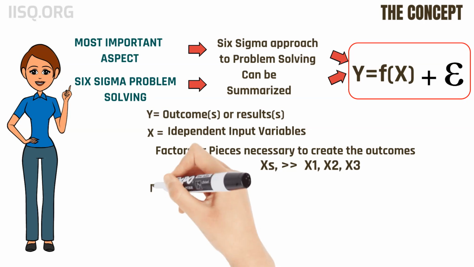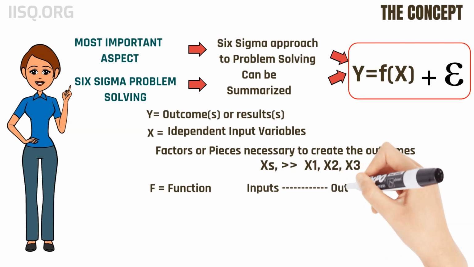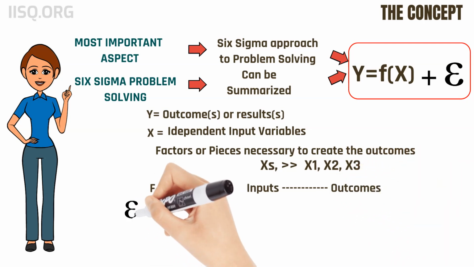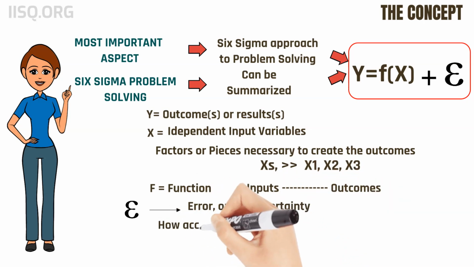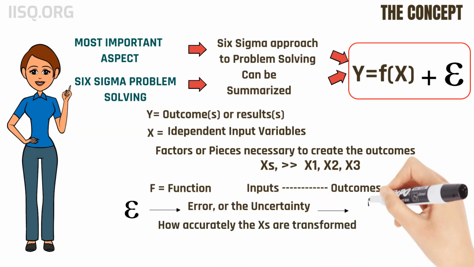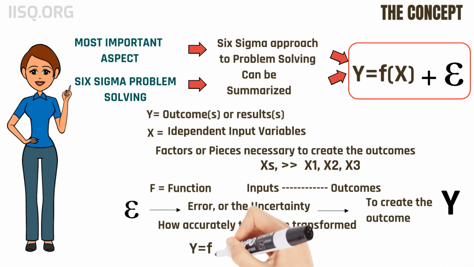F is the function to express the way these inputs are transformed into outcomes. Epsilon represents the error, or the uncertainty, surrounding how accurately the Xs are transformed to create the outcome. Thus, the equation becomes: Y equals f of X plus epsilon.